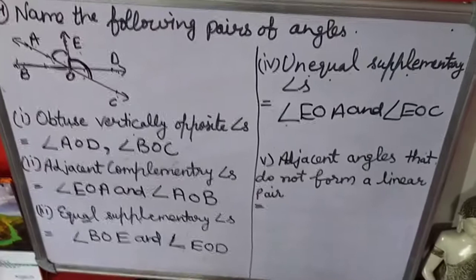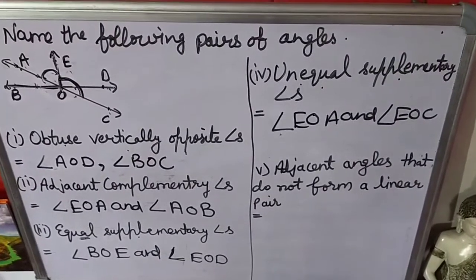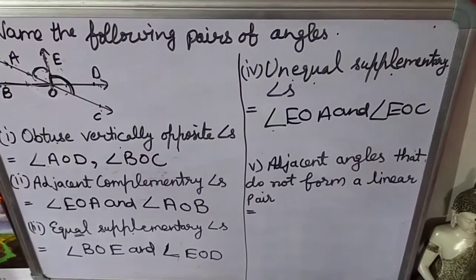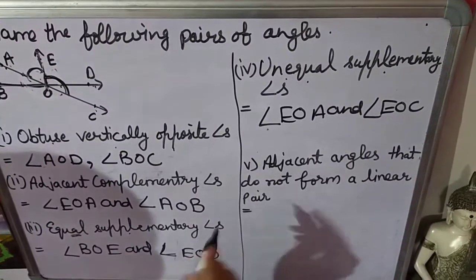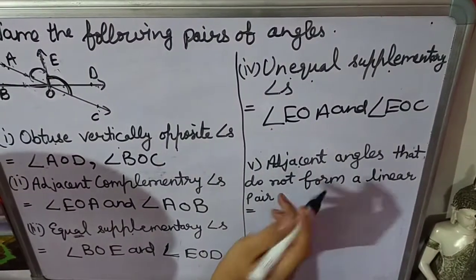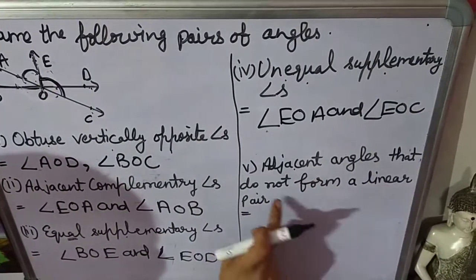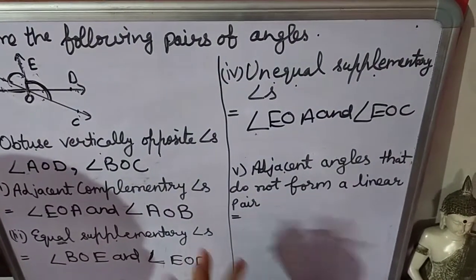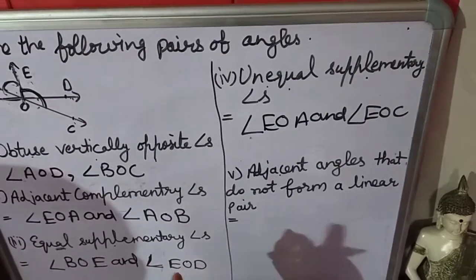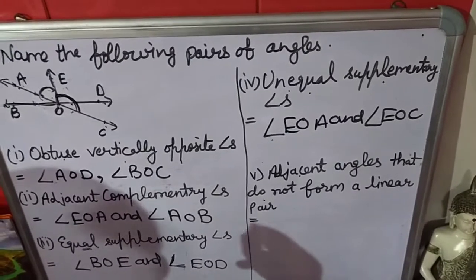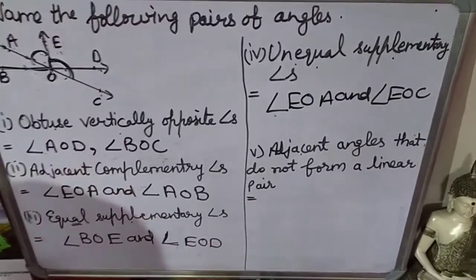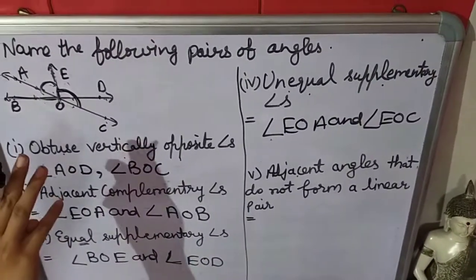Next, the last part is adjacent angles that do not form a linear pair. It means they should be adjacent, with a common vertex and common ray, but they do not form a linear pair. Their sum should not be 180. They are not on a straight line. Now we will find both angles.